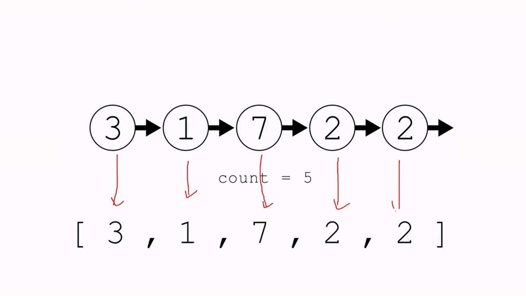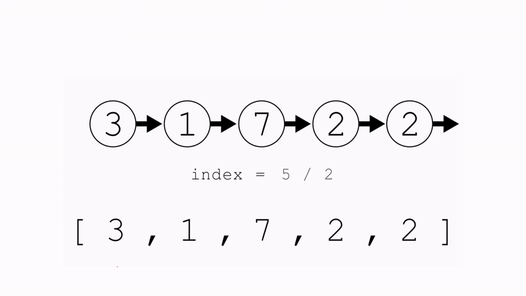In this approach we are taking extra space to create an array, so it is not the most optimized approach to tell in an interview, but the approach is good and you can use it. We copy all the elements at each index of the linked list into the array list.